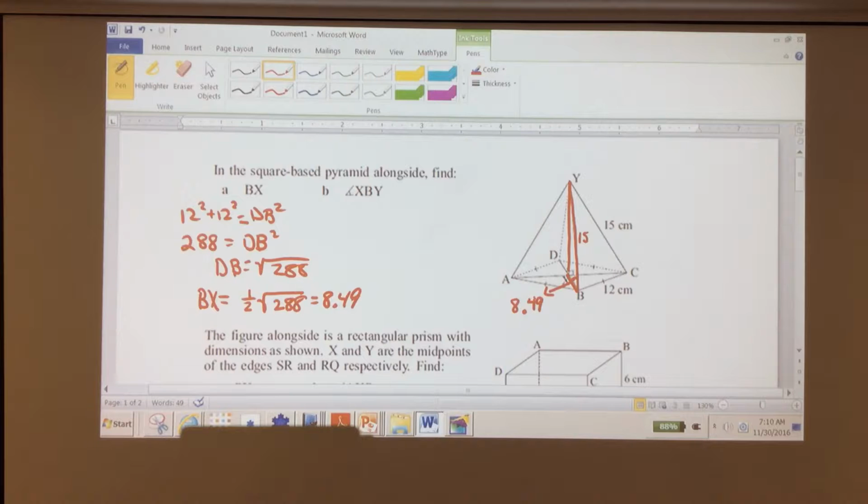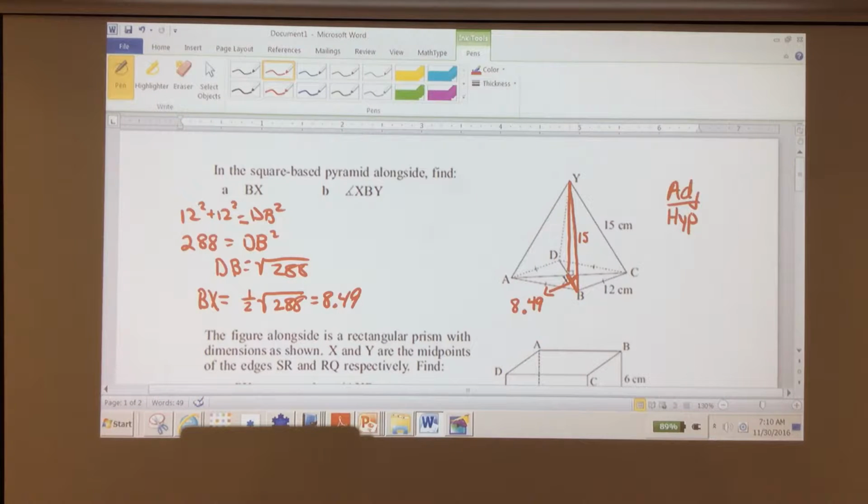So we can use a trig function in order to find this angle. Again, you're looking at this 3D image, so it's a little tricky to see, but BX, that bottom edge, is the adjacent side to that angle that we're after. And YB, the one I've got labeled as 15 in red, is the hypotenuse.